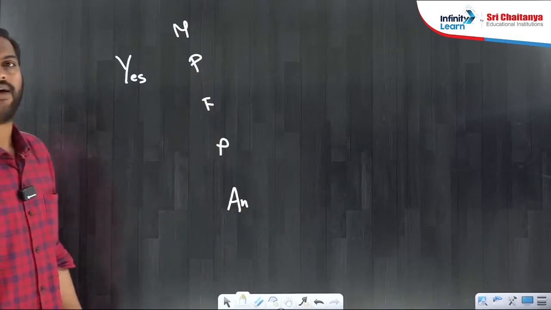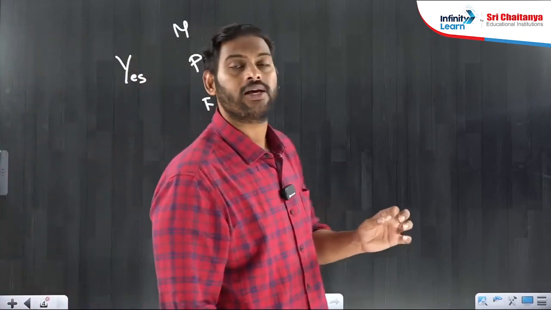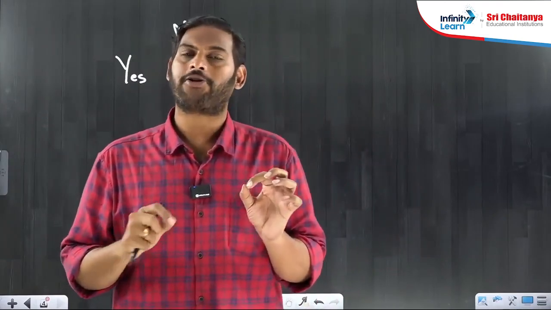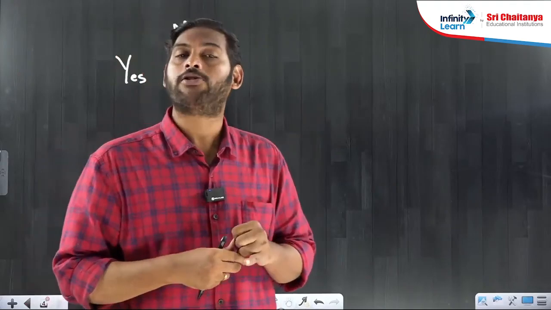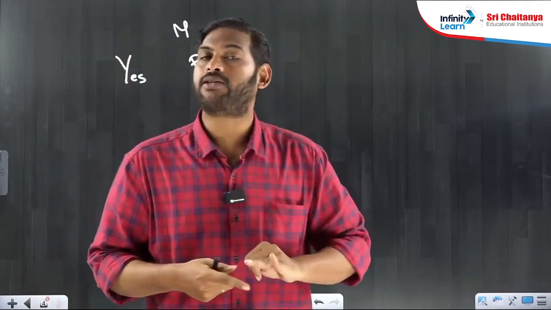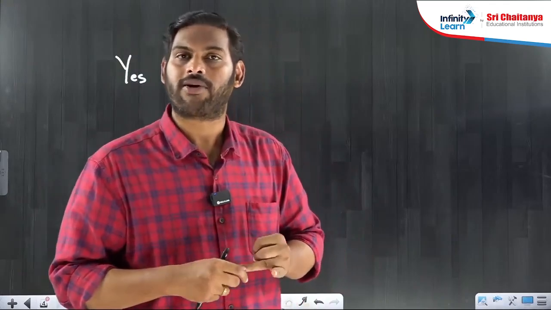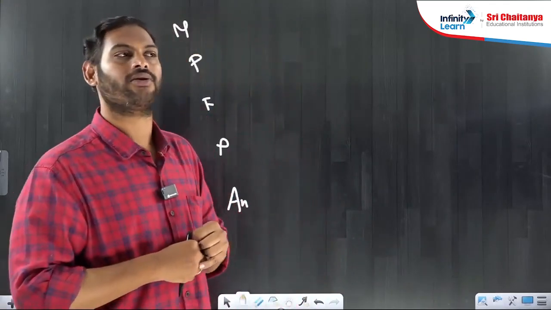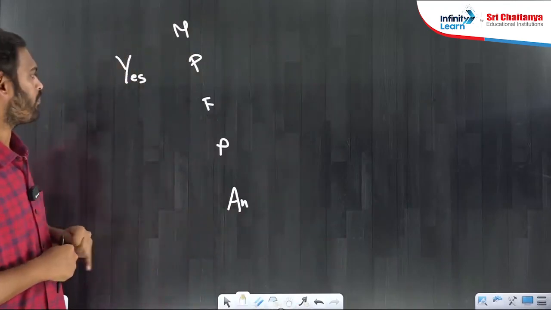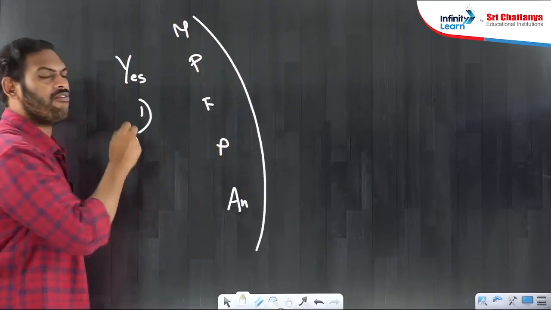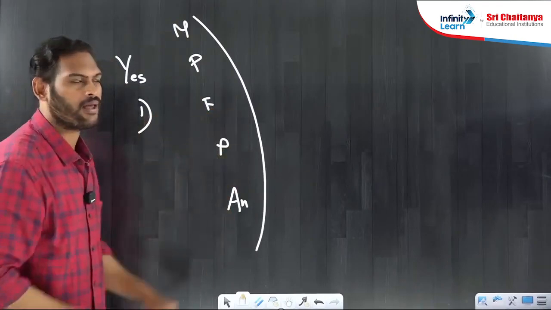Every life form has to excrete, because during metabolic processes, they may manufacture ammonia, urea, uric acid, or they may also manufacture carbon dioxide. In some textbooks, removal of carbon dioxide is also considered as excretion. Therefore, do not forget that, isn't it? Now, this is the first aspect. Every living form has to excrete.